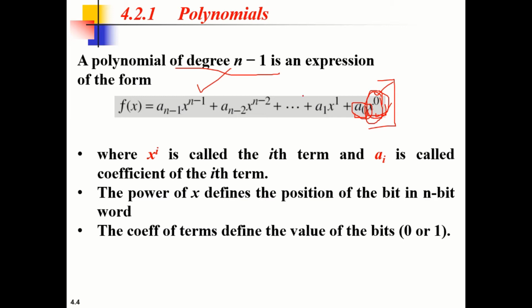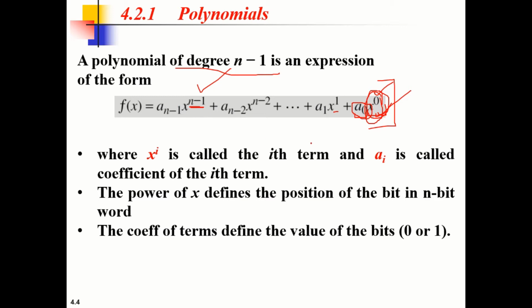Because when we say it is a polynomial of degree n minus 1, it means that it will have terms of power starting from 0 to n minus 1. So these terms have powers from 0: this is x0, this is x1, next will be x2, and the last will be x raised to n minus 1.